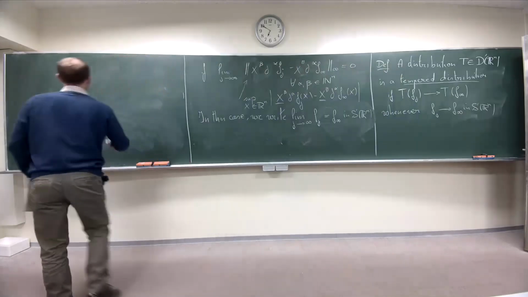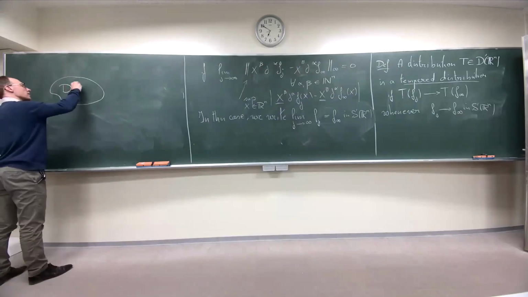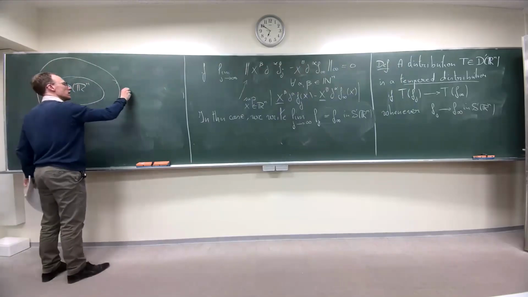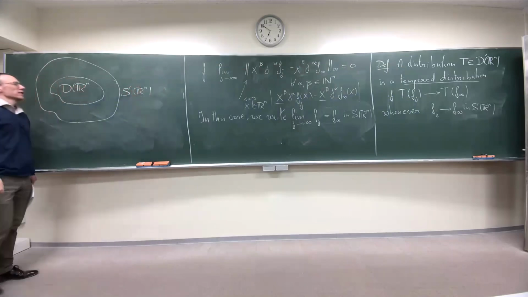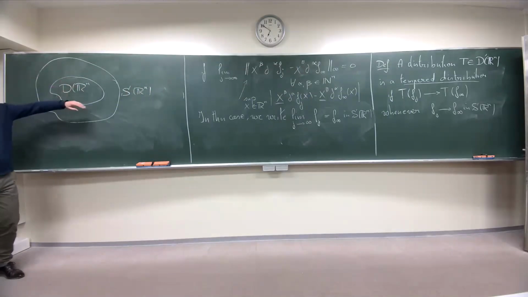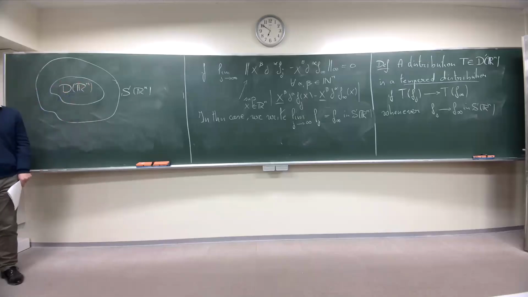Let me make a picture first. As I said before, the set of test functions is inside the set of Schwarz functions. In fact, it's even smaller, but we have the set of test functions, we have the set of Schwarz functions.